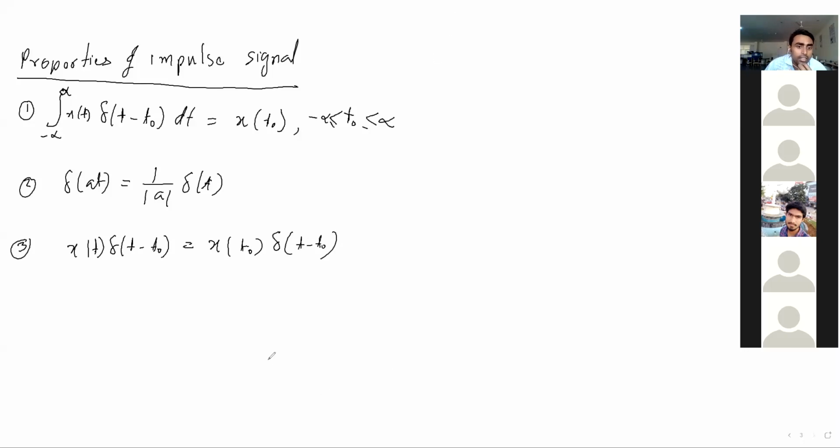Here you can see that this term is similar to the term inside the integration, but here x(t0) δ(t - t0) also comes. So remember, when integration is there, only x(t0) will be the output.